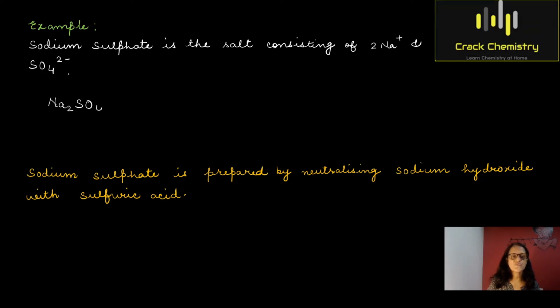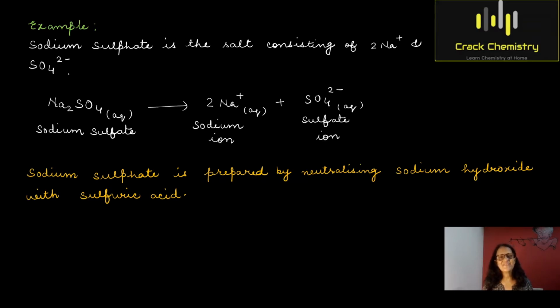So Na2SO4, I have written aq as a suffix because always remember that salts will undergo dissociation in aqueous solution only. So sodium sulfate on dissociation will give sodium ion. So 2Na+ (aq), aq means they are formed in water, plus SO4 2- (aq). And already we have discussed that sodium sulfate is a salt which is formed by neutralization reaction between sodium hydroxide and sulfuric acid.